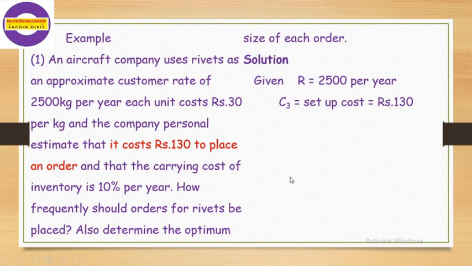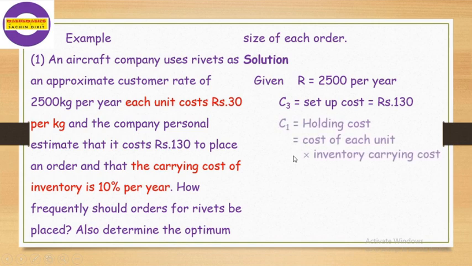Also point out these statements: each unit costs rupees 30 per kg and the carrying cost of inventory is 10% per year. From these two statements, we can find the holding cost. For that, there exists a formula: C1, the holding cost, equals cost of each unit multiplied by inventory carrying cost.